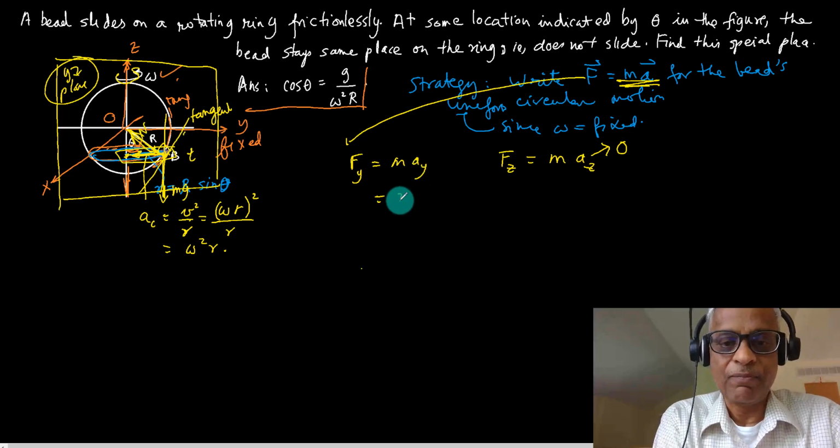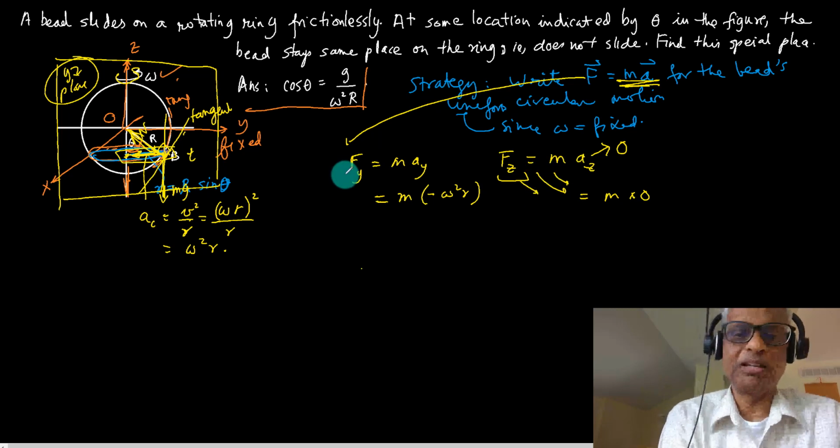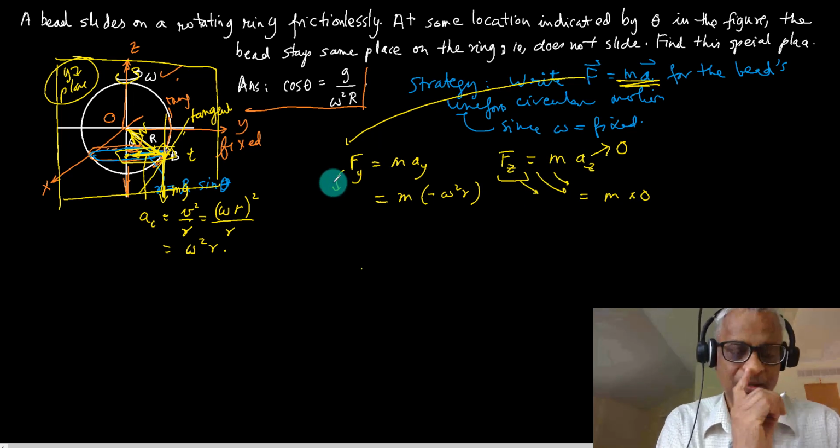So this is m times negative omega squared r, and this side is equal to m times 0. So we can write what Fz is, and we can write what Fy is.